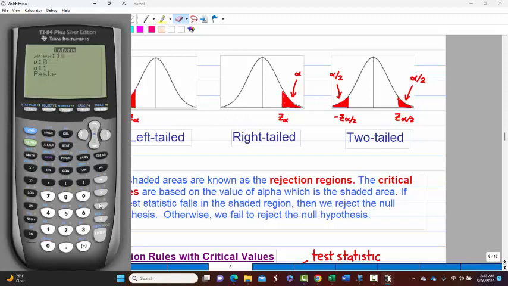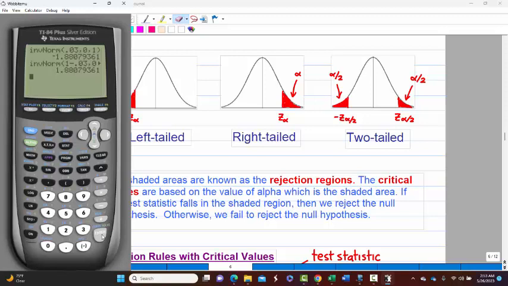So for these right-tailed, you put 1 minus 0.03. But look, as promised, it was just the positive of the other answer.